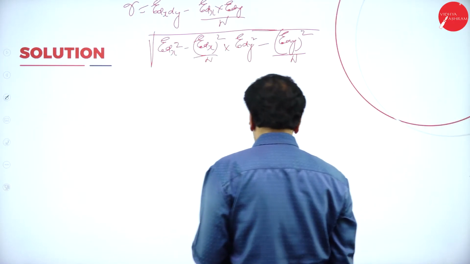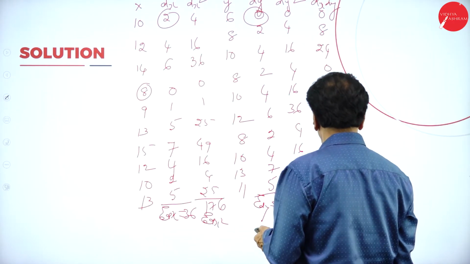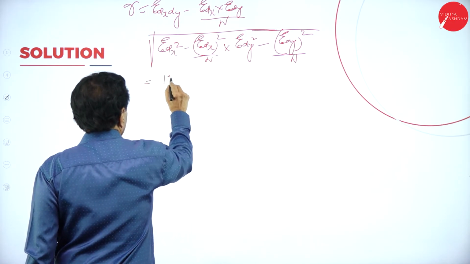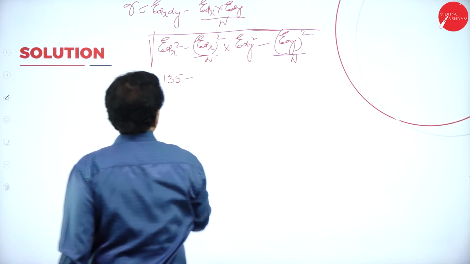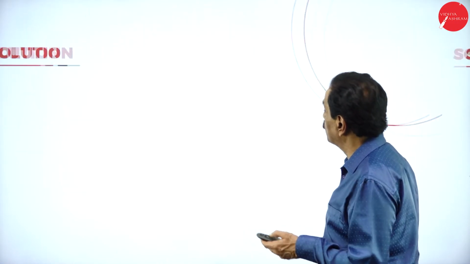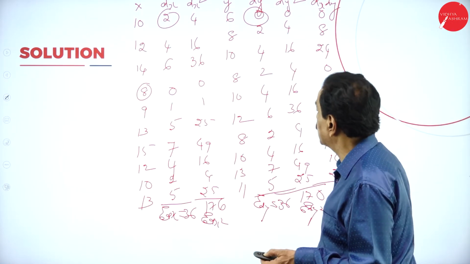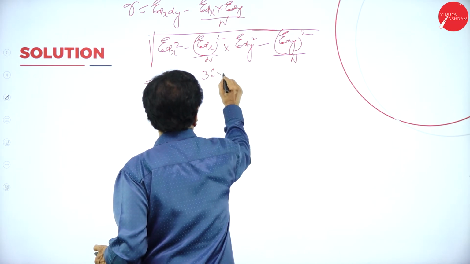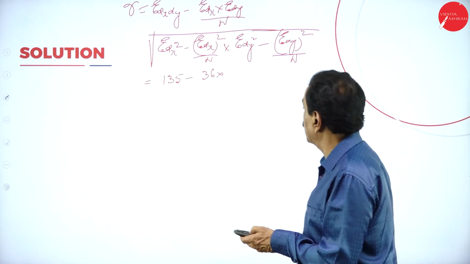What is sigma dx dy? 135, minus what is sigma dx? 36. What is sigma dy?